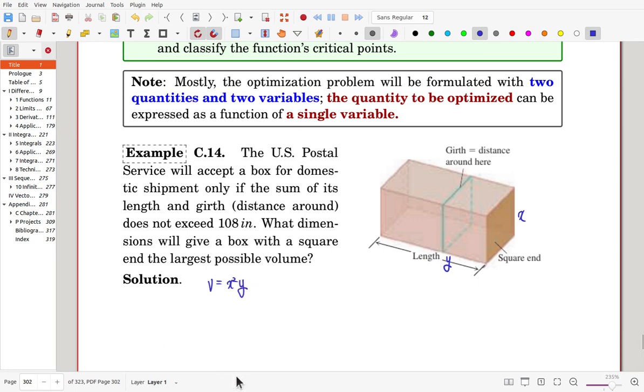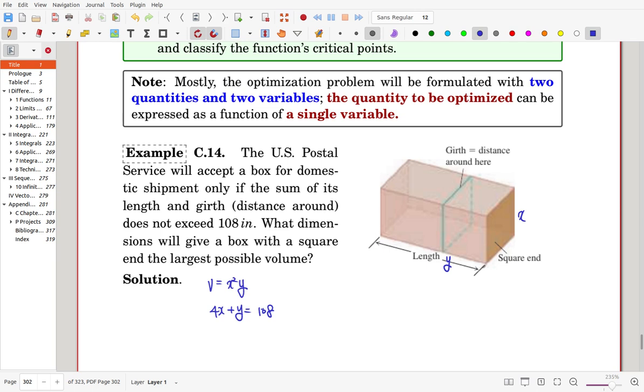Now, another quantity is that the sum of its length and girth does not exceed 108 inches. At the maximum possible, the box will have 108 inches. So the girth will be 4x, the 4 sides around the distance, and the length is y, then it must be 108.